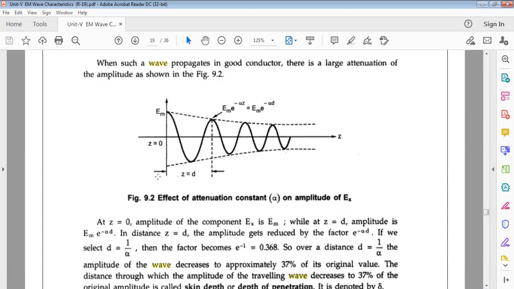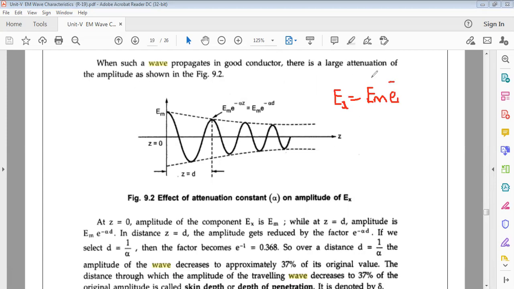It decreases here as it travels to z equal to d. Because Ex is traveling in the positive z direction, it starts from 0 and travels to z equal to d. Em e power minus alpha z becomes Em e power minus alpha into d.